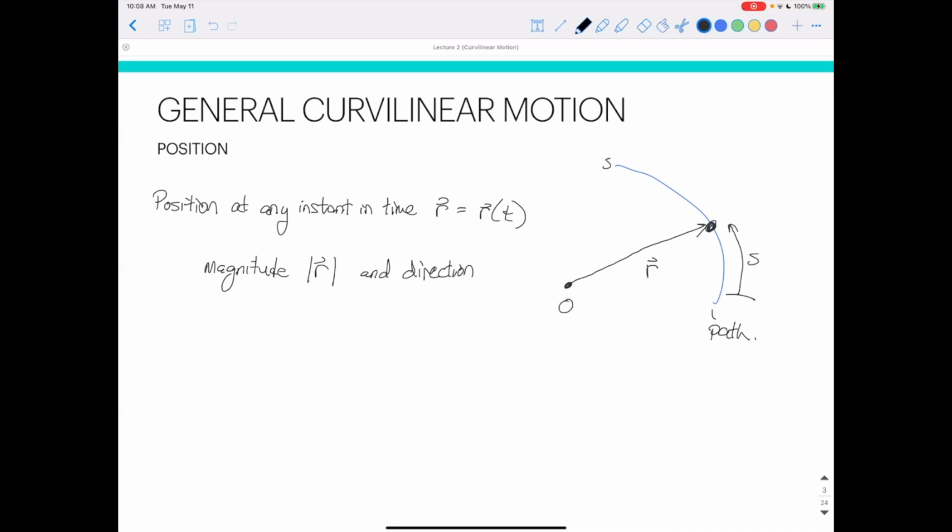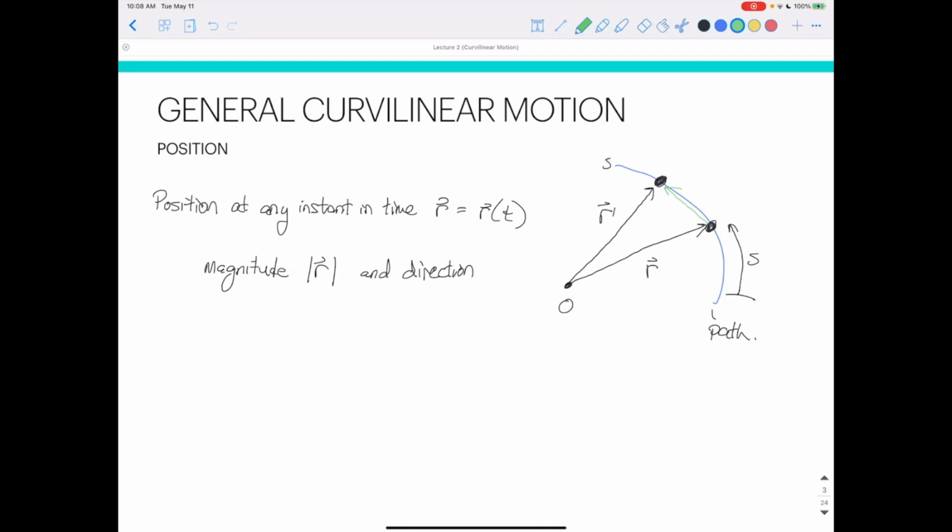And these will vary with time. So for example, we could show maybe the particle has moved to some new position, and we have a new position vector. Call this R prime. The change in position, which we call our displacement, I'll do this in green, would be the vector that is connecting the two positions.